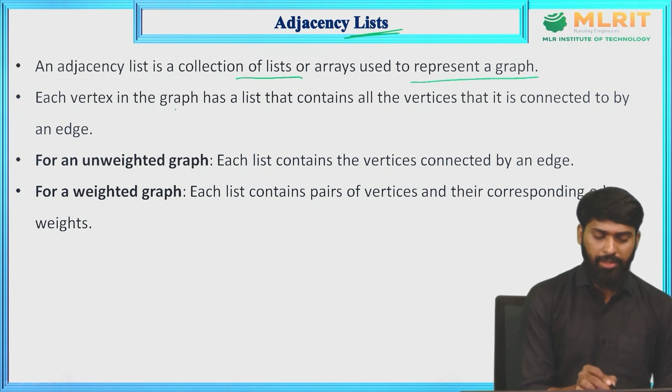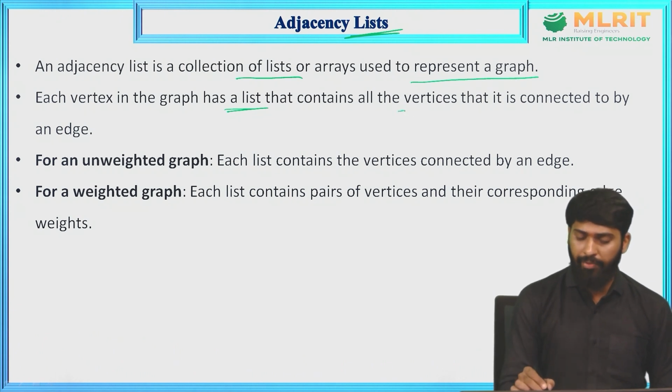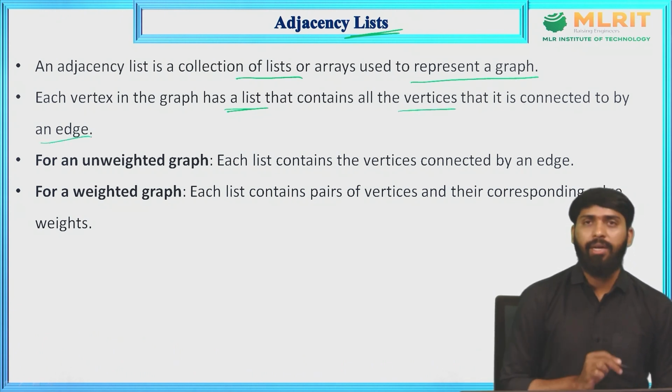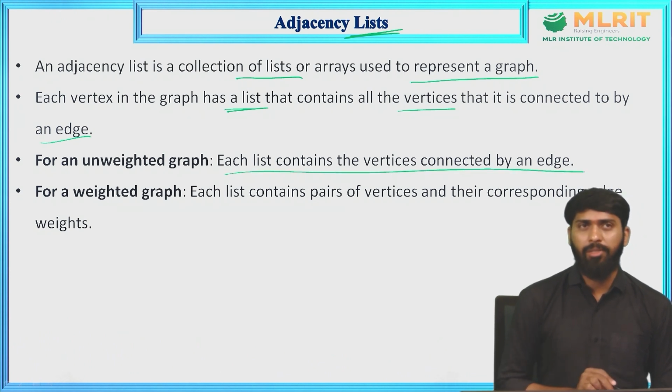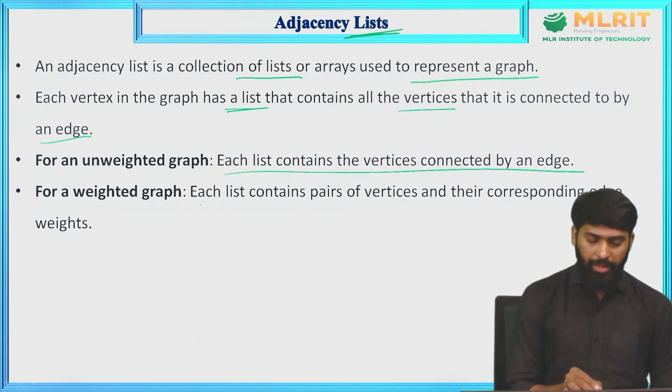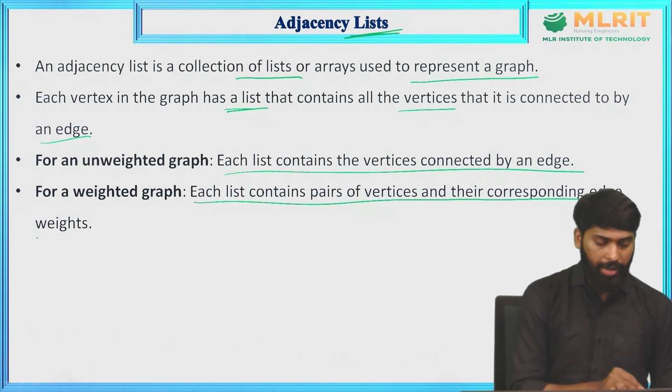Each vertex in the graph has a list that contains all the vertices that it is connected to by an edge. Here also, for an unweighted graph, each list contains the vertices connected by an edge. For a weighted graph, each list contains pairs of vertices and their corresponding edge weights.